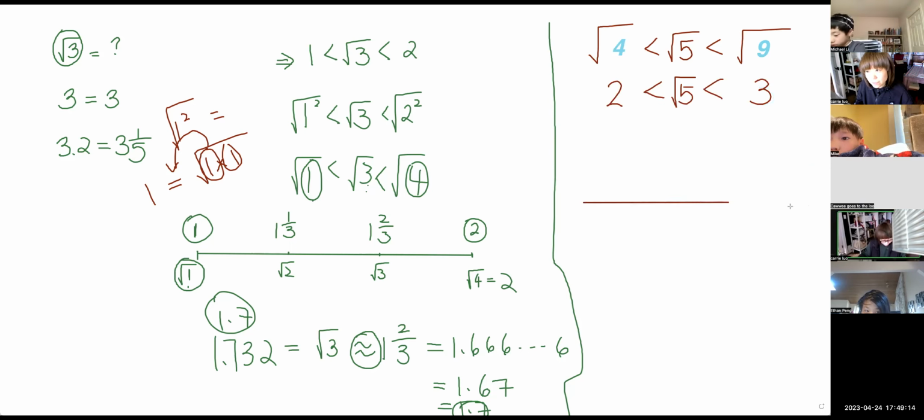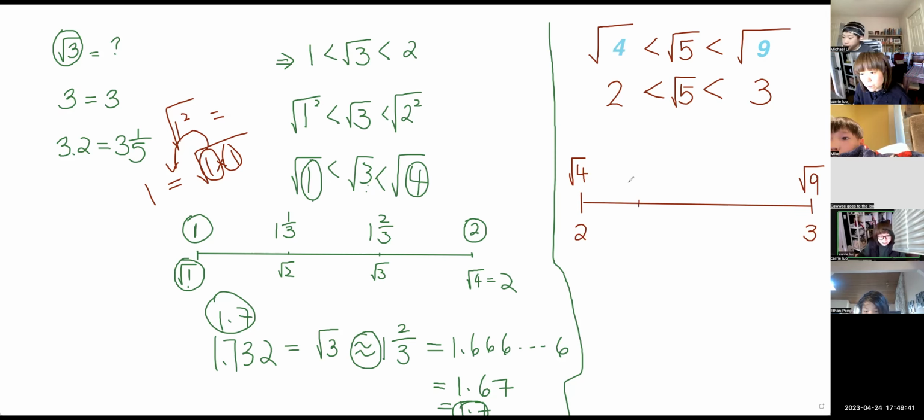I'm going to build a line. Okay, so here, this line, it is square root 4 and square root 9. So 2 and 3. So everybody, we're going to list it, okay? Square root 5, square root 6. Oh, sorry, it's not very good.